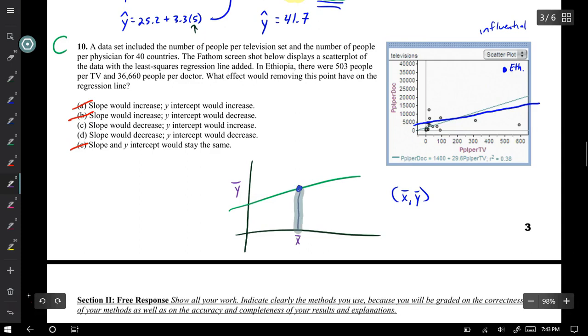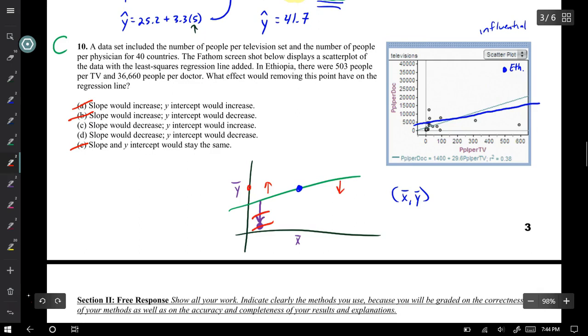So again, if I were to put a point down here, this is a fun one, we'll actually make it more influential. If I go right here, you have to realize this is pulling that down. There is a rope tugging that line down. So if I were to cut that rope, if I were to remove that point, it's going to snap the line up, which means as this goes up and this goes down, my y-intercept would increase.